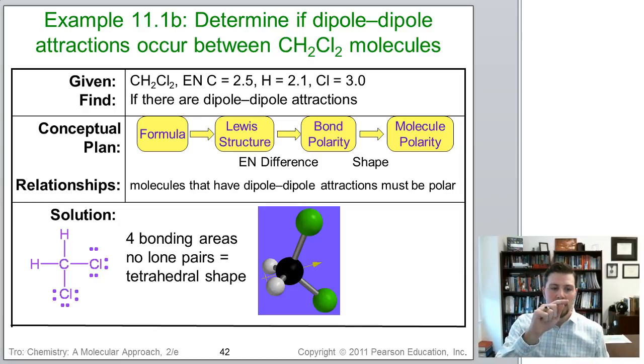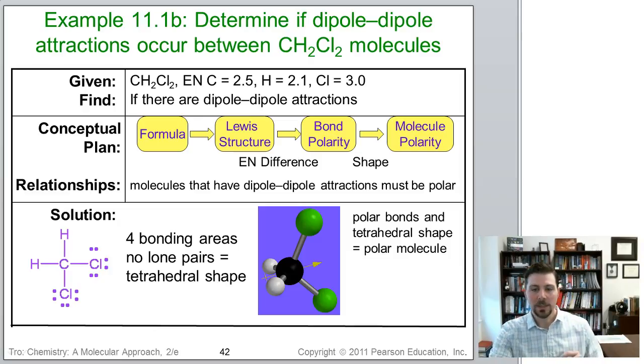So remember the crossed arrow, the end that's crossed means it's more positive on the side with the little plus sign. So the negative is pointing toward the tip of the arrow. This means since there are polar bonds and since they don't cancel out in a tetrahedral shape, we have a polar molecule.